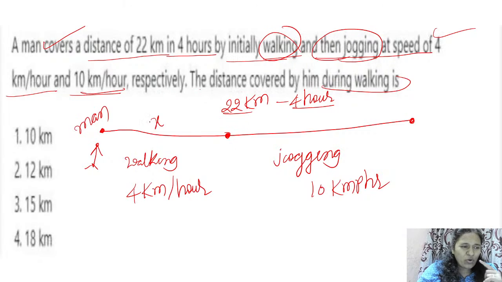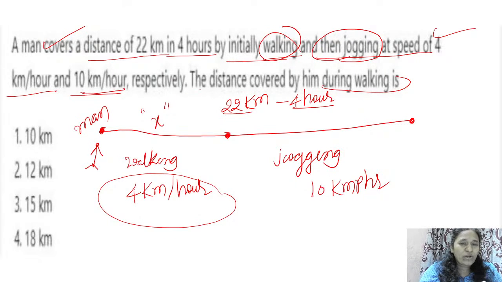We have to find the walking distance. We know the total distance, but we have to consider one as x, because we have to find the walking distance. We know only the speed he is going by walking, but we don't know the distance. That's why we are taking it as x.